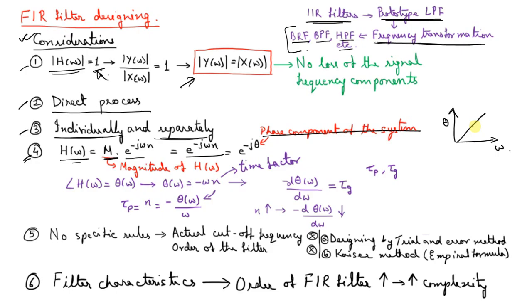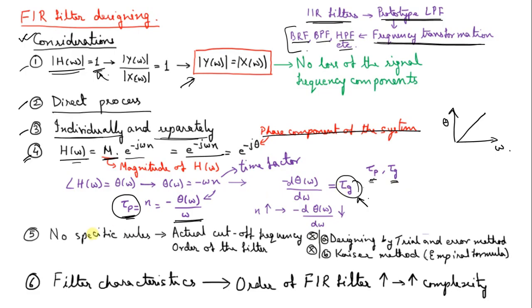Now from here we can have time delay, and this time delay is given by minus theta omega by omega, which is regarded as the time delay. And there is another factor which is regarded as the group delay. It is given by minus d theta omega by d omega. So this factor is regarded as the group delay. Time delay tau p, group delay tau g.